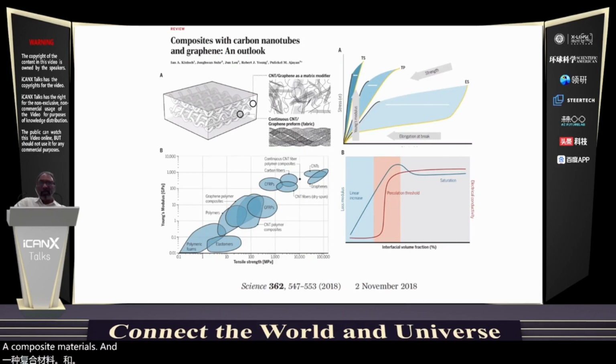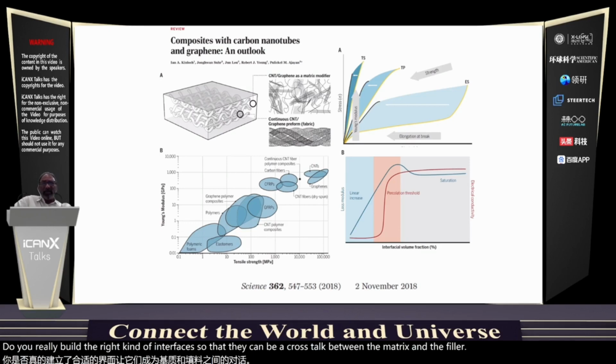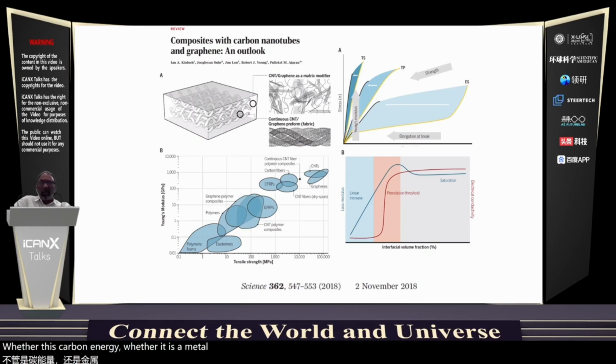And then there are also bulk structures that we are very interested in, like composite materials. And even this field has been quite challenging because dispersion of nanomaterials into a matrix has been really a difficult problem. Partly because of viscosity issues and processing issues, but also how do you really build the right kind of interfaces so that there can be a crosstalk between the matrix and the filler, whether it is carbon nanotube, whether it is a metal particle.